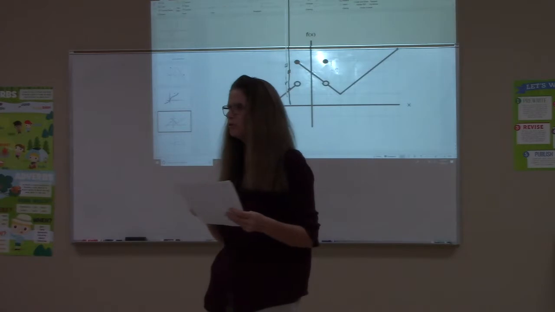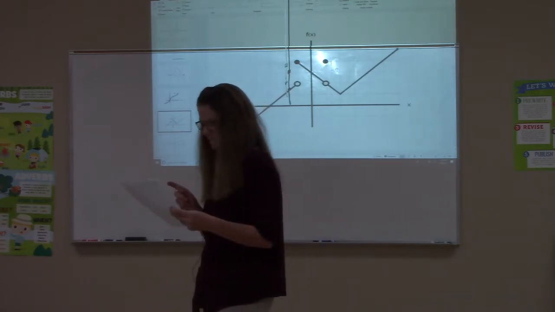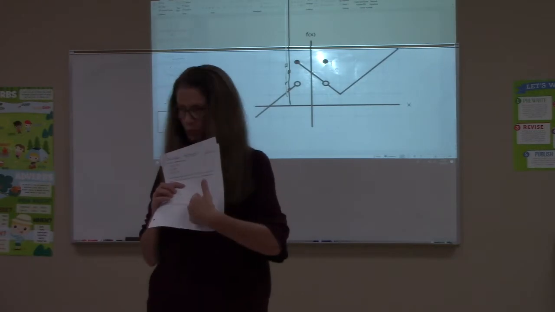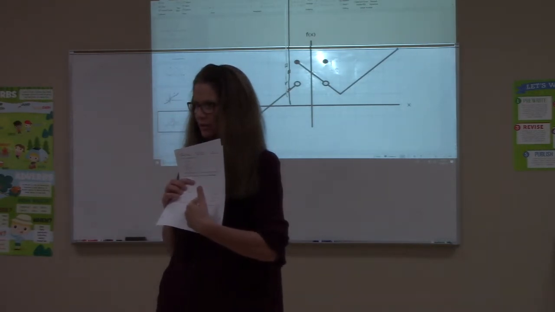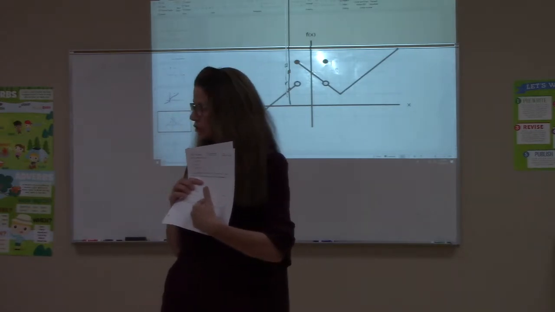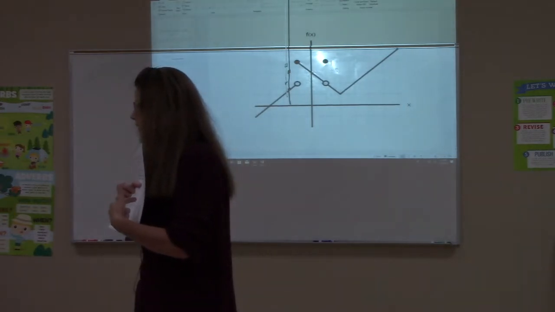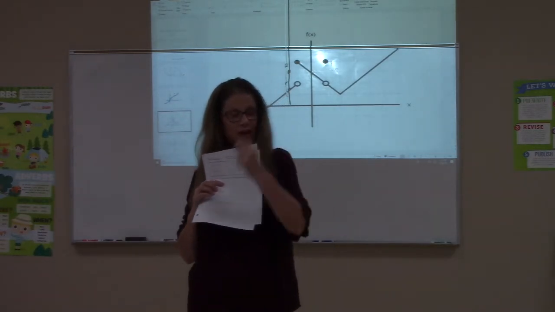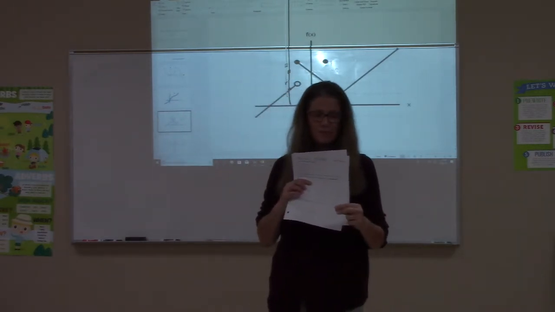So which rule did it fail? This middle graph right here, which rule did it fail? The limit of f of x equals 1. So it failed rule number 3. The limit exists. The value does exist, but they're not the same thing.